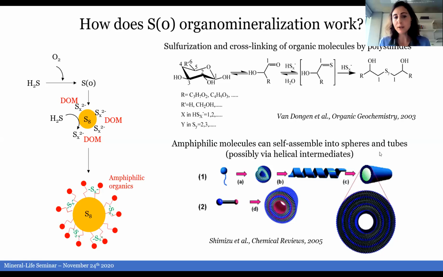And so that's why you end up with elemental sulfur encapsulated within an organic vesicle. And why does sulfur want to stay inside this vesicle? It's because it's hydrophobic. So this way it's protected from the aqueous environment. So really here we have a purely chemical self-assembly process forming these organomineralized sulfur particles.